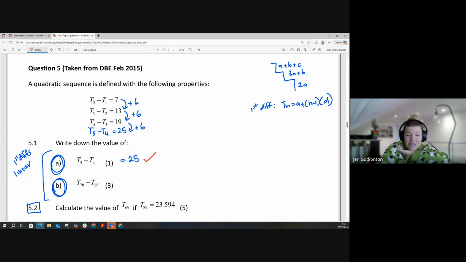I can tell you that one of the answers on the screen is correct. I think you're thinking about it like the second difference. The second difference would be 6. But the first difference, that's these numbers here.